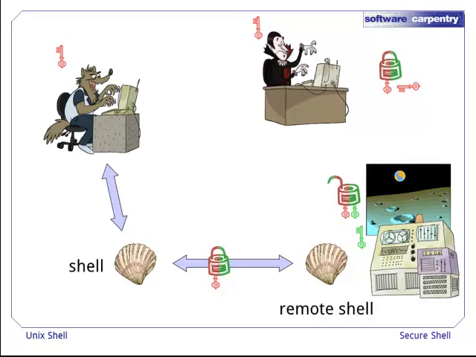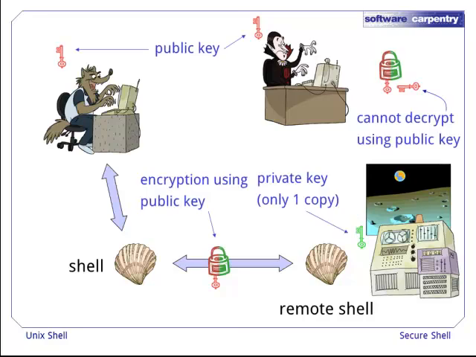All subsequent messages from the user to that particular remote computer will be done with the remote computer's first key that the user received. And the remote computer continues to use the second key it kept to unlock the messages. This key lock mechanism is called public key encryption, and public key encryption is a standard feature of Secure Shell.